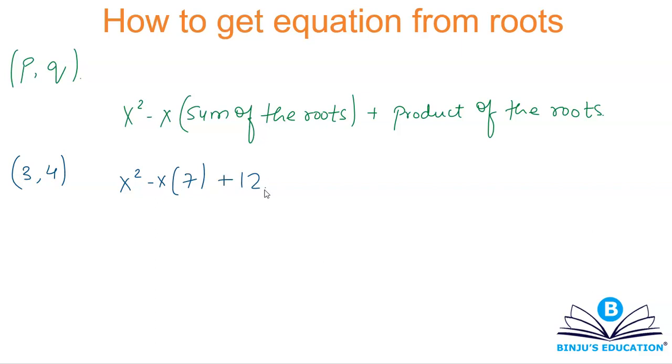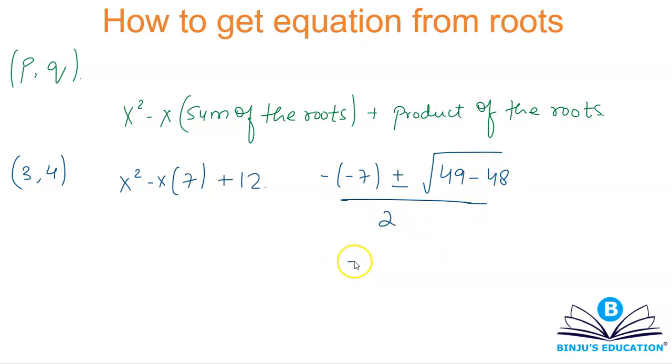So you have x square minus 7x plus 12. You can use the formula: minus of minus 7 plus minus root of b square, which is 49, minus 4 into 1 into 12, that's 48, divided by 2. So that's 7 plus minus 1 by 2. So you're going to get two roots as 3 and 4. 7 minus 1 is 6, by 2 is 3, 7 plus 1 is 8, 8 by 2 is 4.